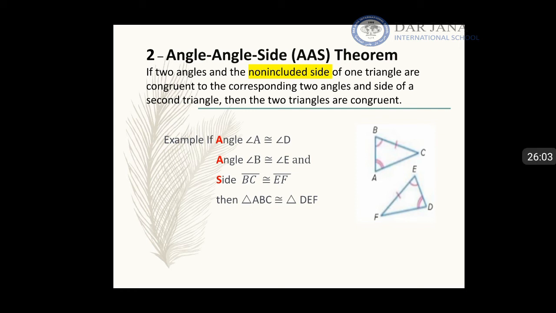As you can see, BC is congruent to EF, where BC is not included within angle A and angle B. So using the angle angle side postulate, we can prove that triangle ABC is congruent to triangle DEF, since we have two angles and a non-included side of triangle ABC that are congruent to the corresponding two angles and the side of triangle DEF.